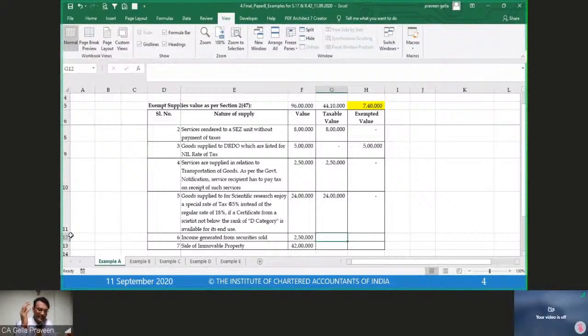In the same way, section 2 subsection 102, which deals with services, also excludes the term securities.